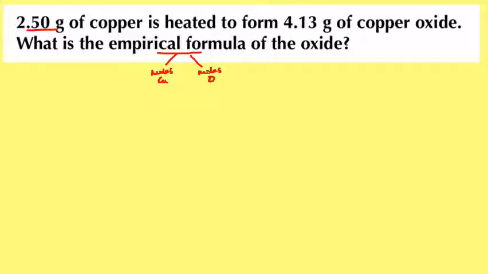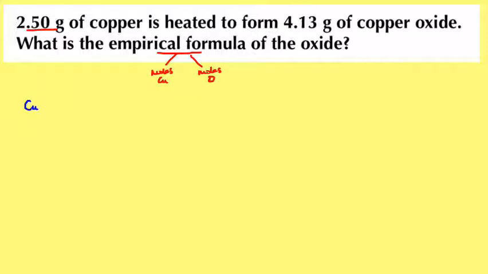And once we have the mass of oxygen, we can work out the moles of oxygen. And once we've got the moles of oxygen, then we have everything. Okay, so that's what we're going to do. Nice to look at it at a high level first, get ourselves a little plan, and then we can work through it.